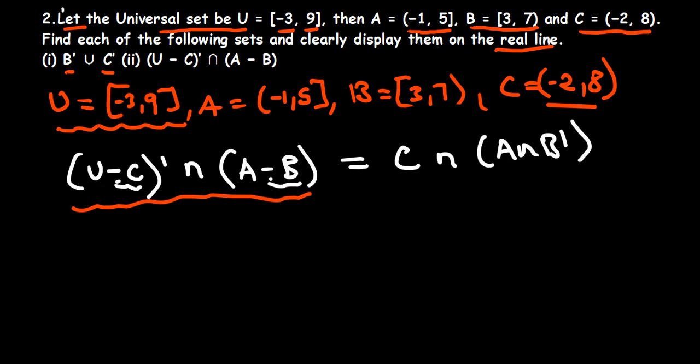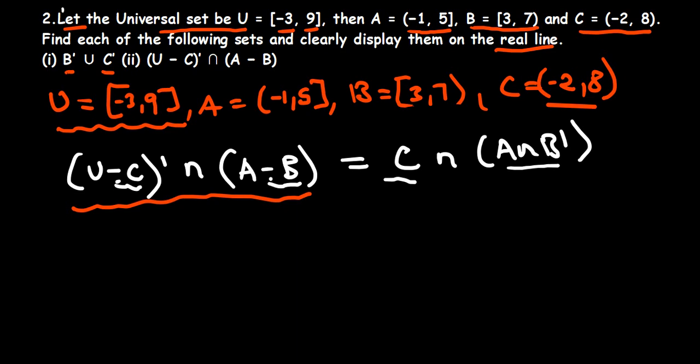So first of all we are going to find A intersecting B complement, and then that intersection where A is intersecting the B complement, we are going to intersect it with the C. Or we can go the other way where we draw the set C, the set A, and the set B complement, and then we check where the three lines are going to be what? Overlapping. I think let's go with the second method there.